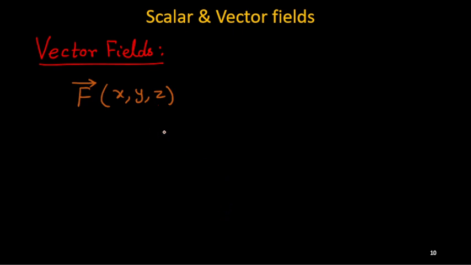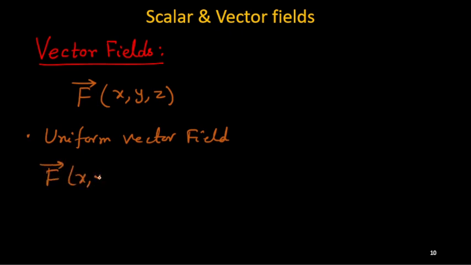Now if I start with a simple one, that is called uniform vector field. What is the meaning? Meaning is that it's a vector field. Field will exist on the space, but its value is not exactly depending on x, y, z. It's a constant. That will be called uniform vector field. For example, if I say this f vector, I write x, y, z, but essentially it is a constant.